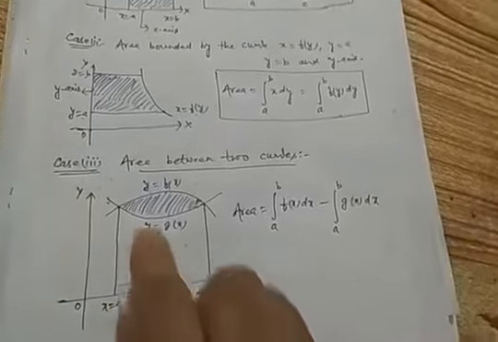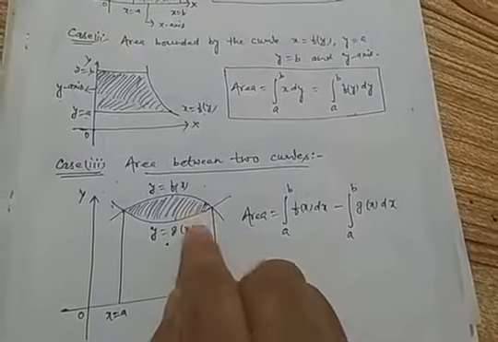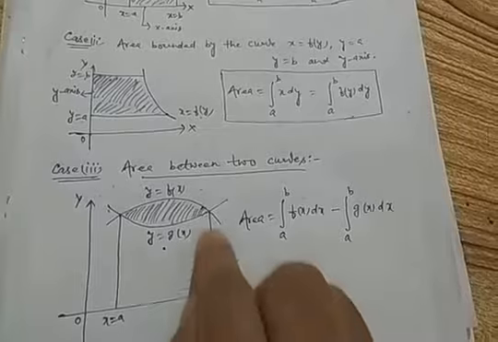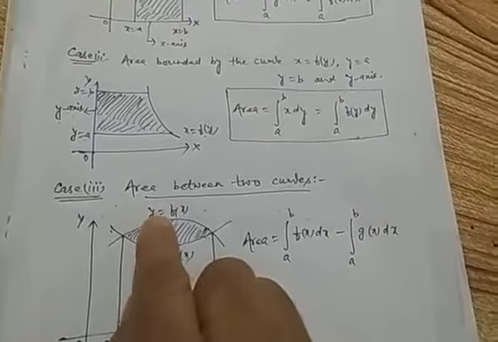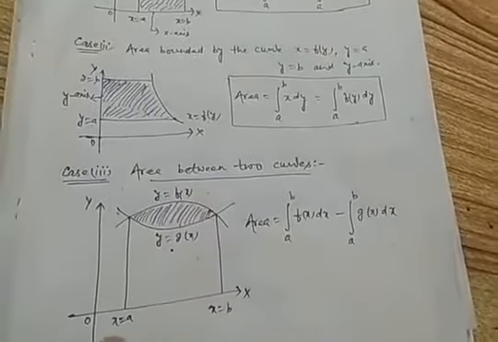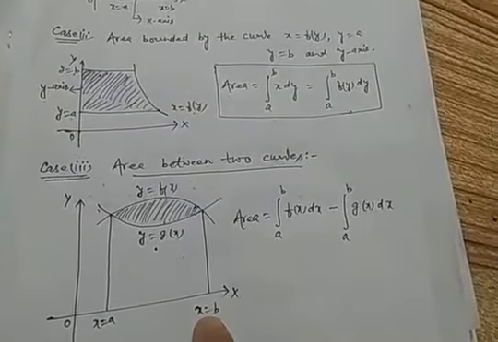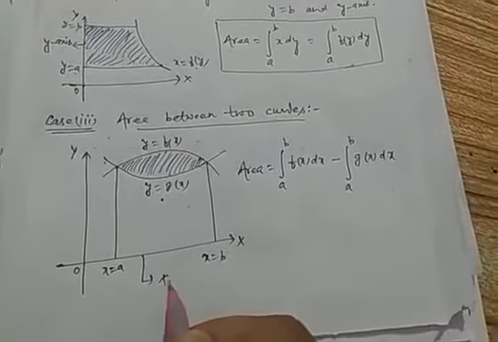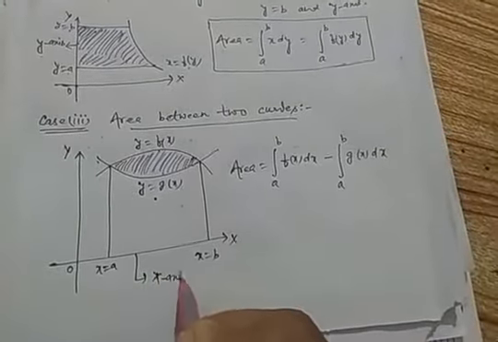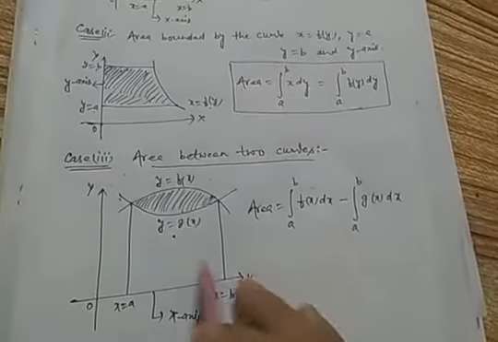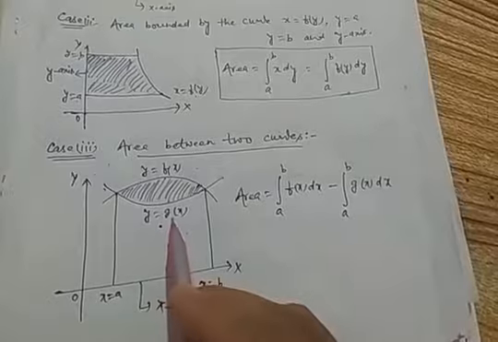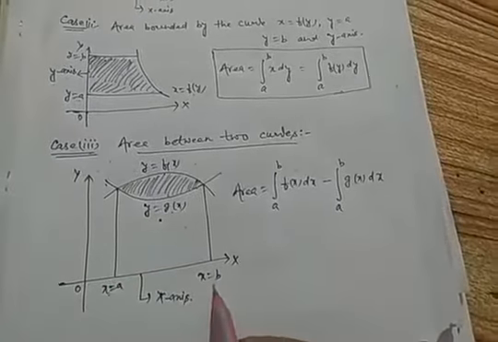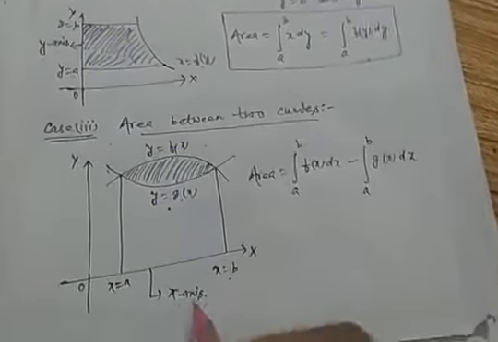This is the area covered by the curve y = f(x), the lines x = a and x = b, and the x-axis, minus the area bounded by the curve y = g(x), the lines x = a, x = b, and the x-axis.